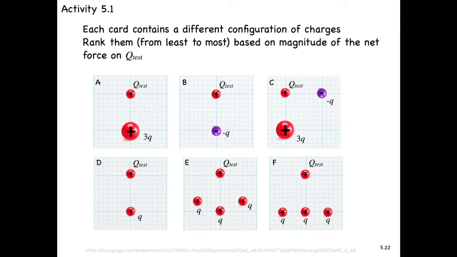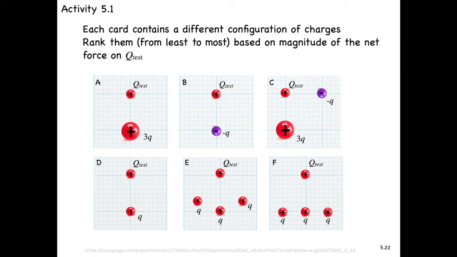So does anybody disagree with that and think that there's a different configuration that might give us stronger force? Okay. Then let's fill in the gaps. Let me ask this. Between A and E, A has 3q of charge pushing up, and this has 3 separate charges.